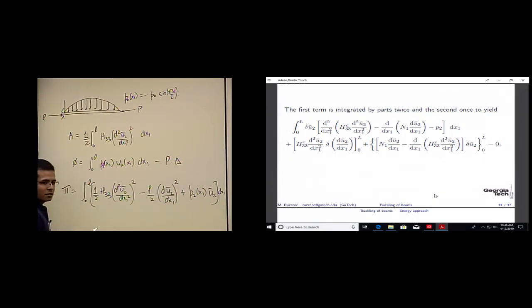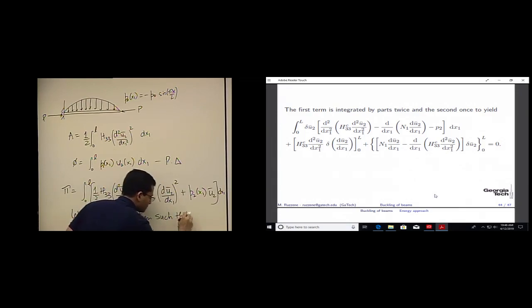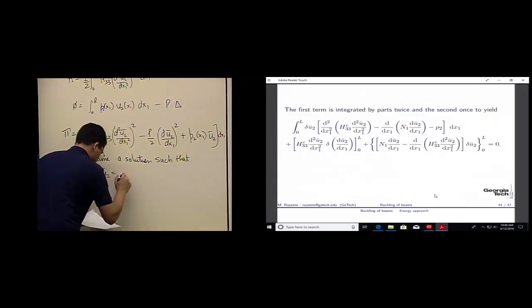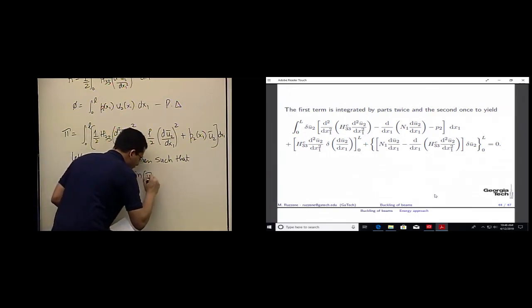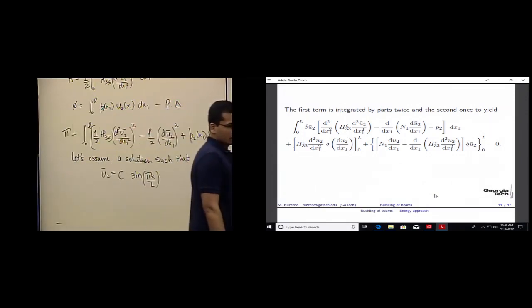So to apply energy methods, let's assume a solution such that u2 bar is a constant c times sine pi x over L. Okay, so why do I assume a solution?